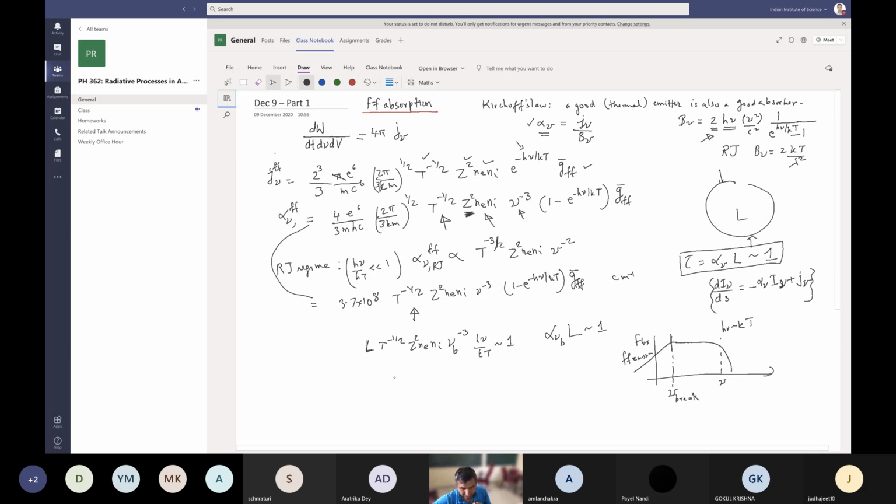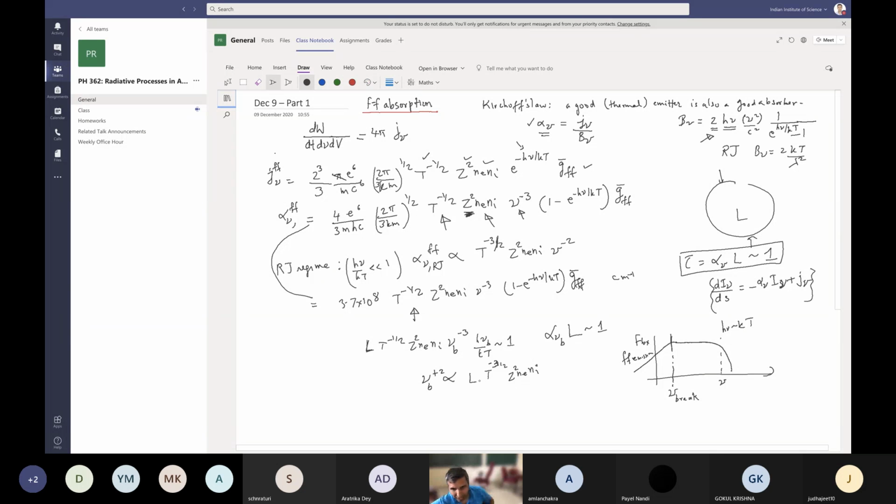If you do that, you will get nu break to the minus 2 is proportional to, nu break goes on the other side actually, it's proportional to L t to the minus half z squared ne ni t to the minus 3 halves. So this is my nu break.